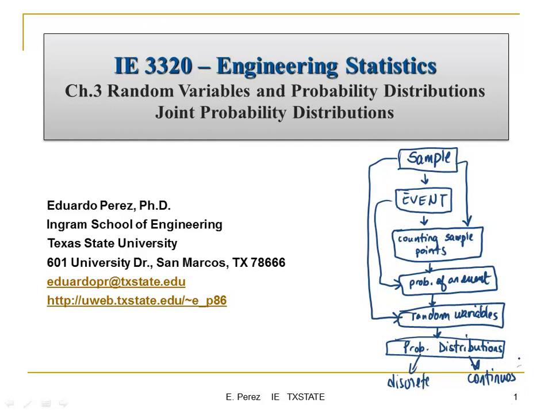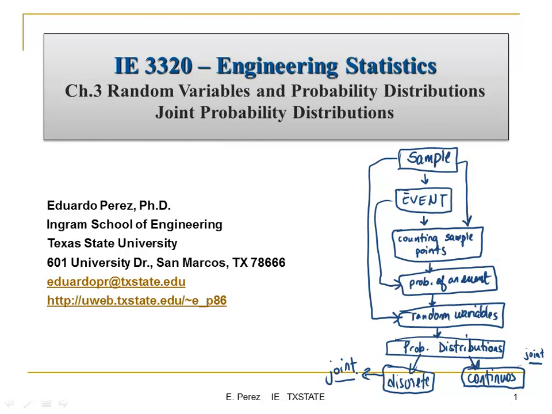Today, we're going to extend this a little bit. We're going to talk about other types of distributions, which are discrete or continuous, and those are joint. So we're going to talk about joint discrete distributions and joint continuous distributions. Okay? And that's the topic for today.